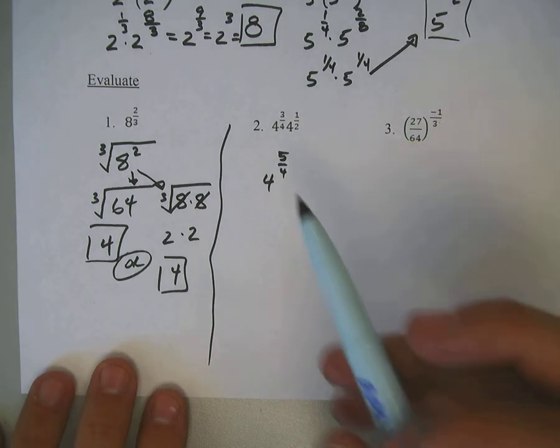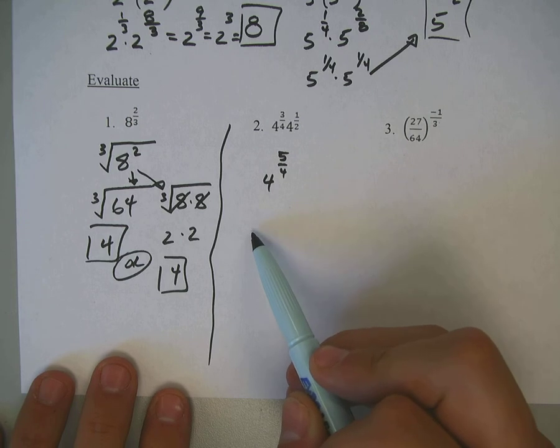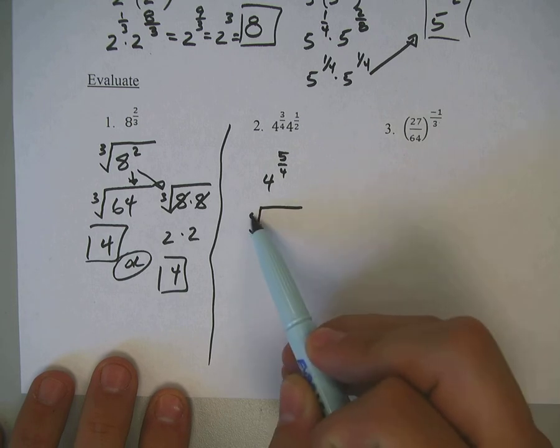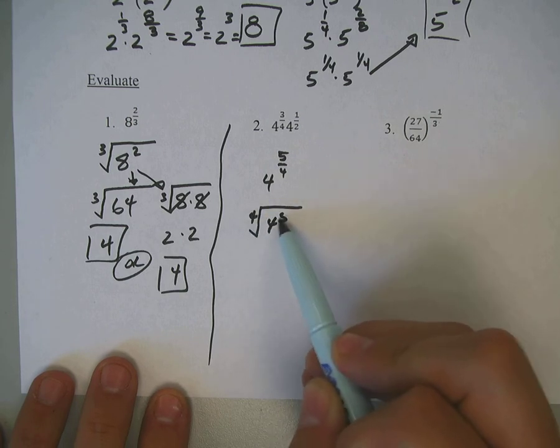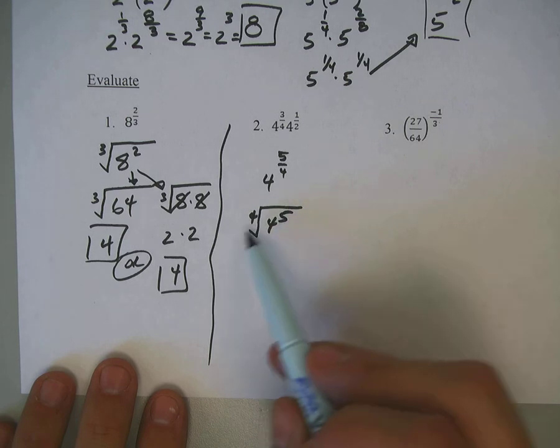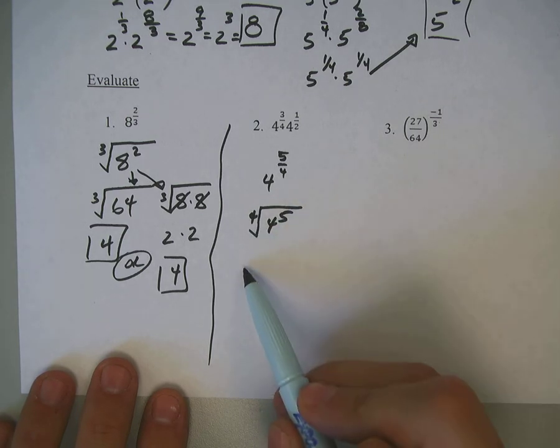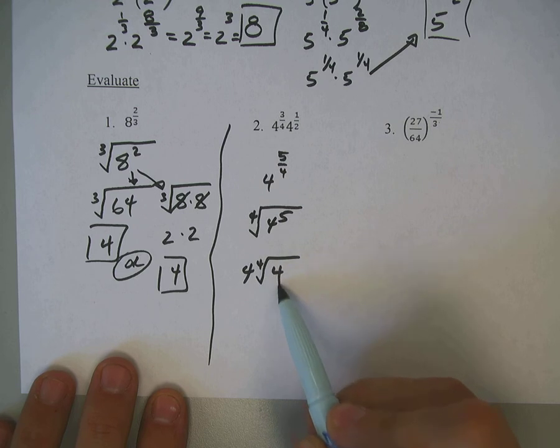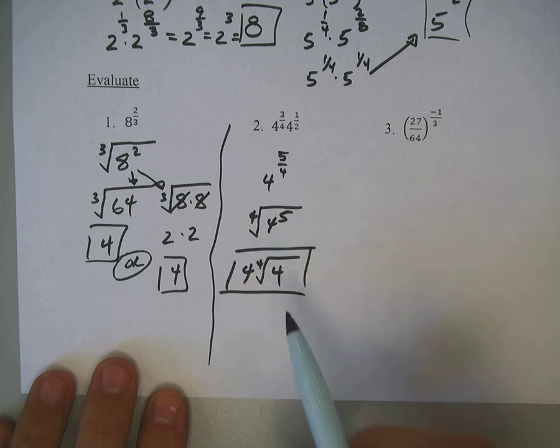Maybe I can. So I get the 4th root of 4 to the 5th. And now the 4th root of 4 to the 5th would be simply 4 times the 4th root of 4. So lots of 4's right there.